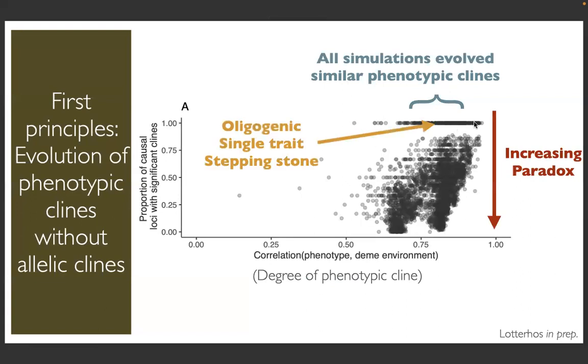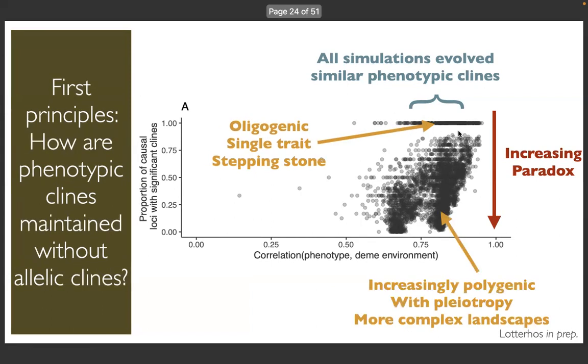All of these points at the top are from oligogenic architectures. Most of them are also single trait and simulated on a simple landscape, a stepping stone landscape. As this paradox deepens, it's with multiple traits, with increasingly polygenic architectures, with mutations that have pleiotropic effects on multiple traits and more complex landscapes.